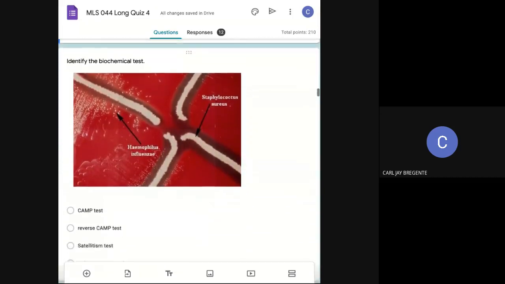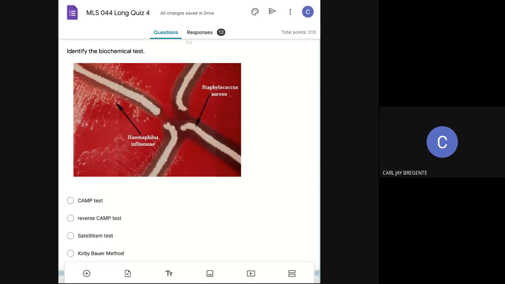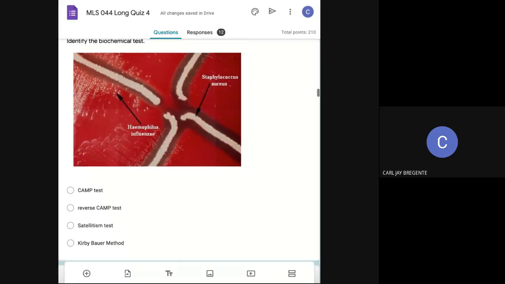Identify the biochemical test. This is satellitism testing. The streak with beta hemolysis is Staphylococcus. The pinpoint colonies are your Haemophilus influenzae.